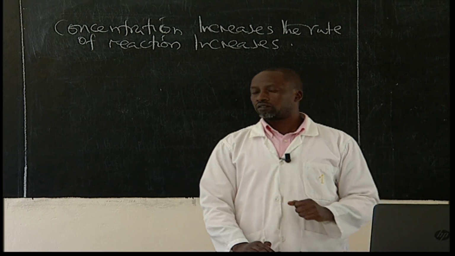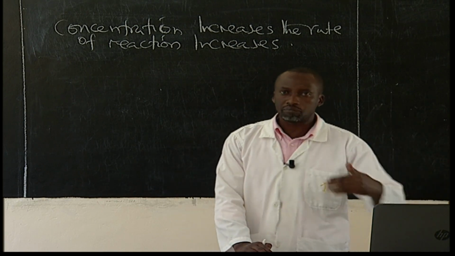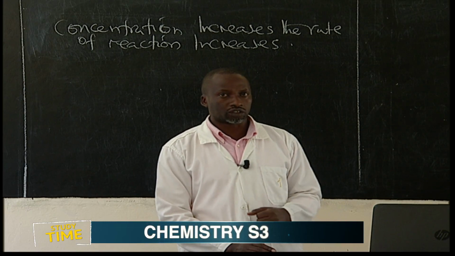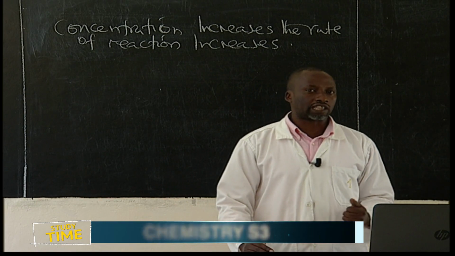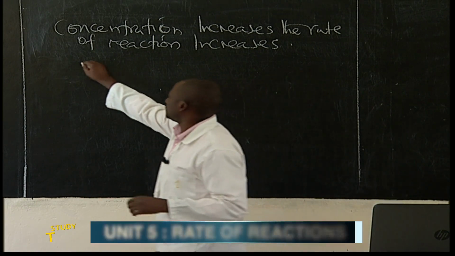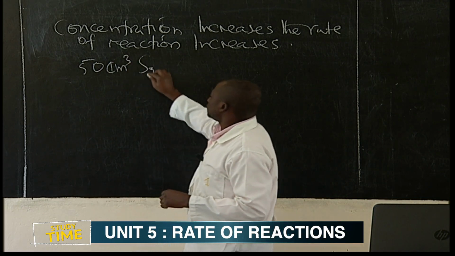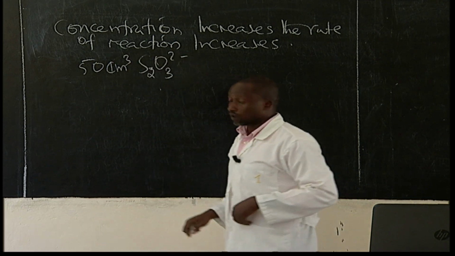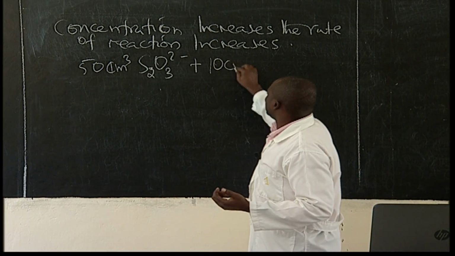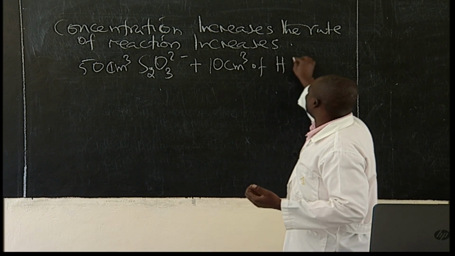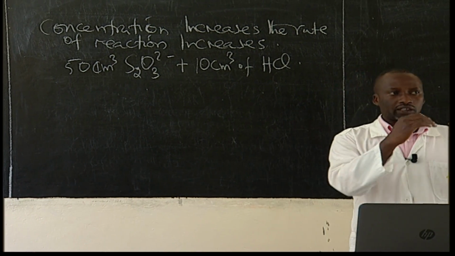We said it is a clock reaction because we use a clock to time the speed of that reaction. Remember, we started with 50 cubic centimeters of the thiosulfate ions reacted with 10 cubic centimeters of hydrochloric acid. That was the first part of the experiment.